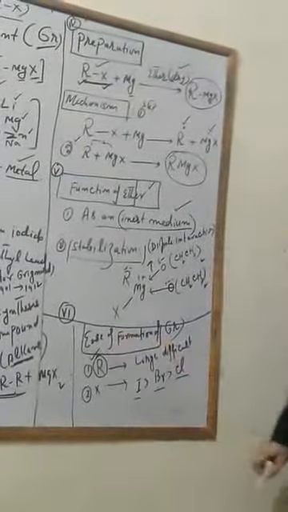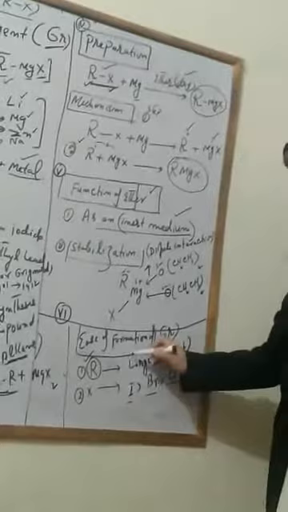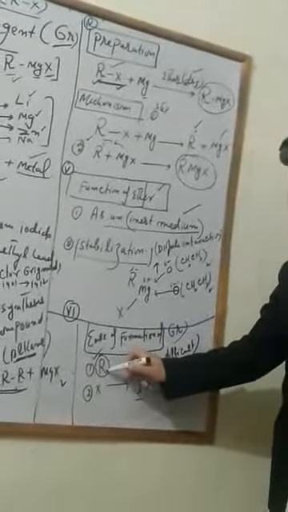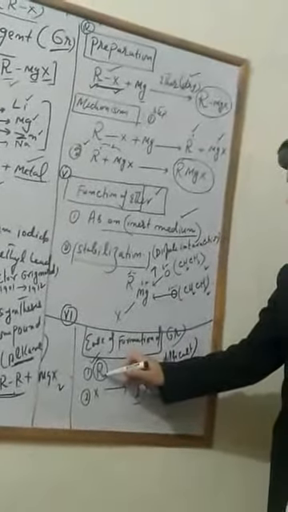If this R is a bulky group, then the preparation becomes difficult. And if R is simple, or you may say primary alkyl halide, then preparation is easy. So keep in mind, if R is simple, the preparation is easy. But if R becomes branched, then the preparation becomes difficult.